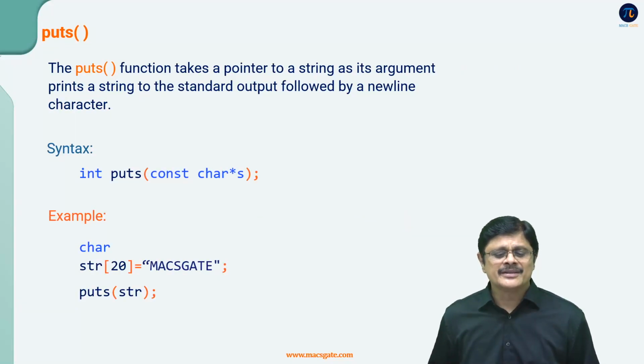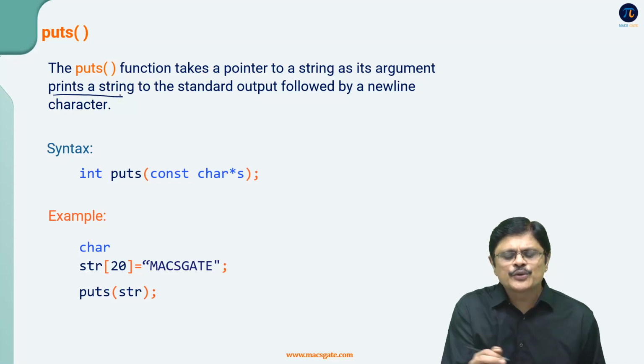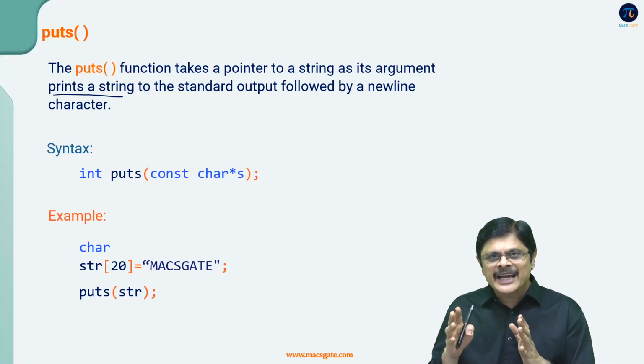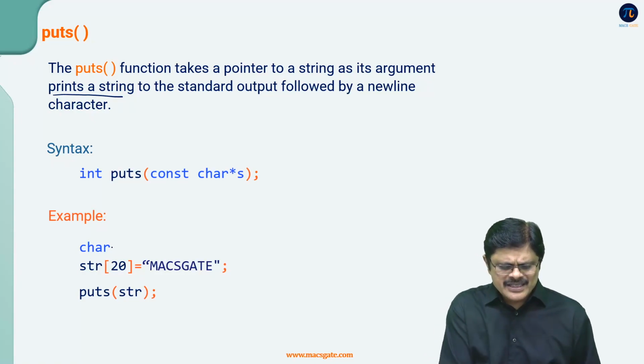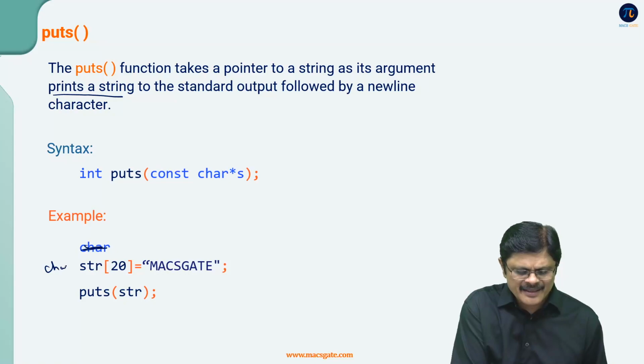The puts function takes a pointer to the string as its argument, and prints the string to the standard output followed by a newline character. That is, after printing the string, it will go to the next line by default automatically. See, for example, you define this char string.